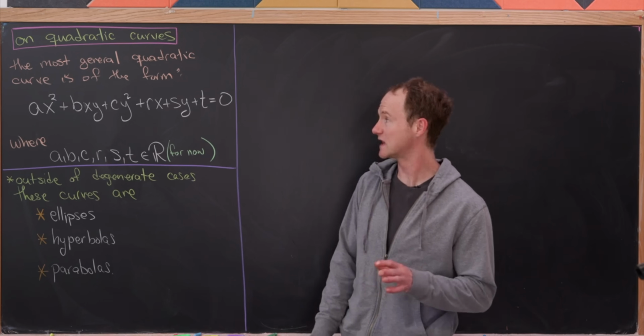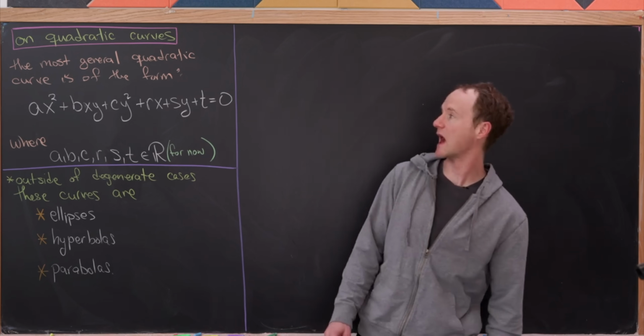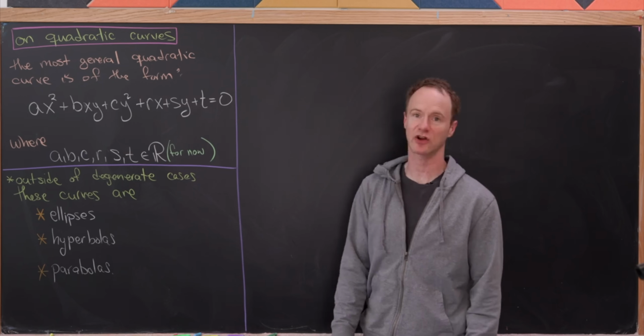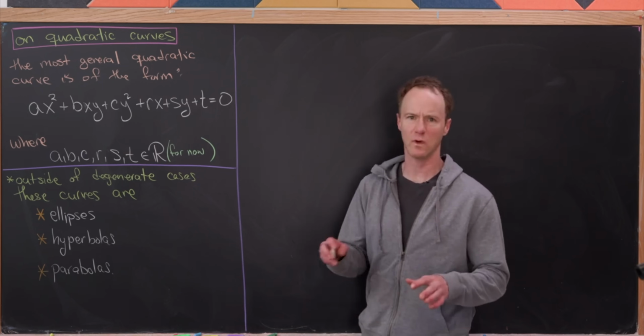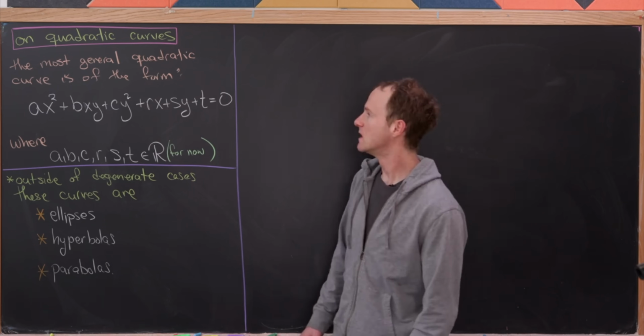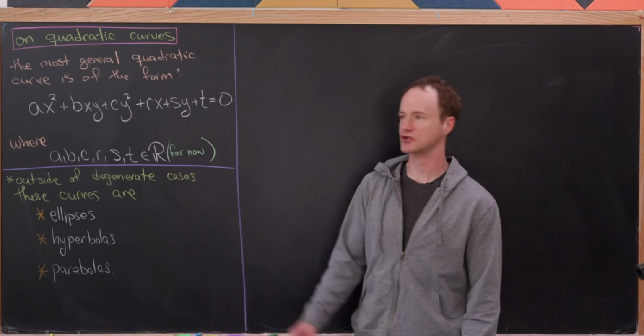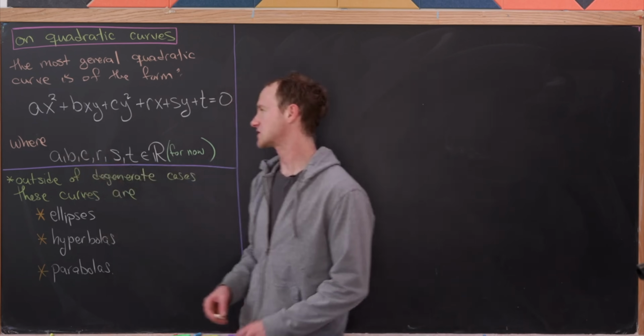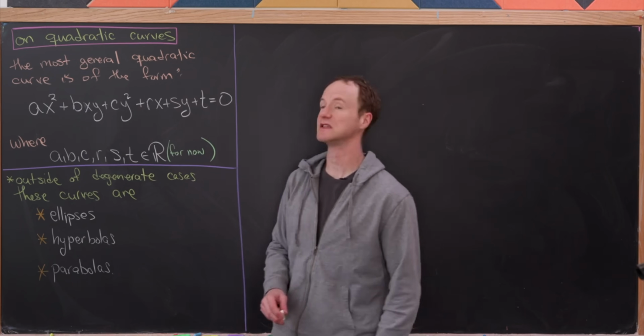In particular, we want to look at the most general type of quadratic curve, and then look at what that curve might represent if we were to look at its graph. So the most general quadratic curve would be of the following form. We have ax squared plus bxy plus cy squared.